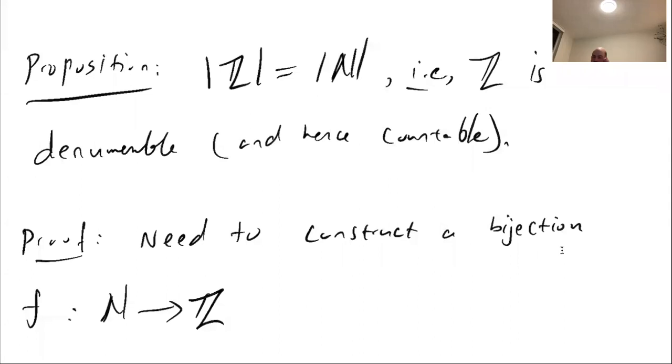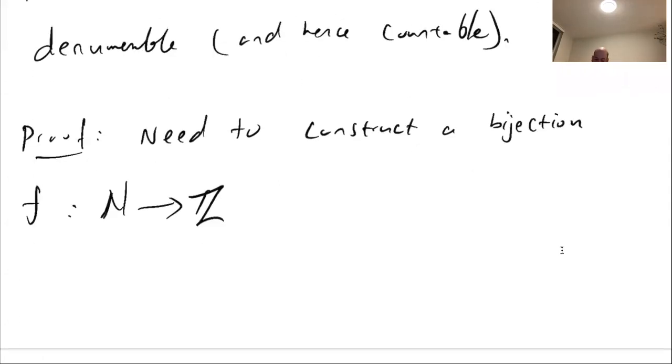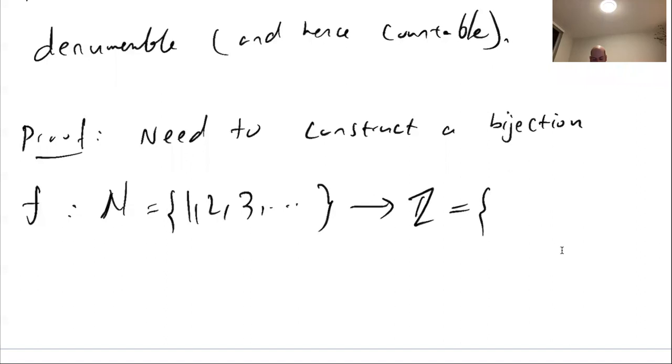If I can construct a bijection from one set to another, bijection means one-to-one and onto, then that means those two sets have the same cardinality. Now I want to construct a bijection here. How can I do that? So N here, by N I mean 1, 2, 3, and so on, to Z, which is 0, 1, 2, 3, minus 1, minus 2, and so on.